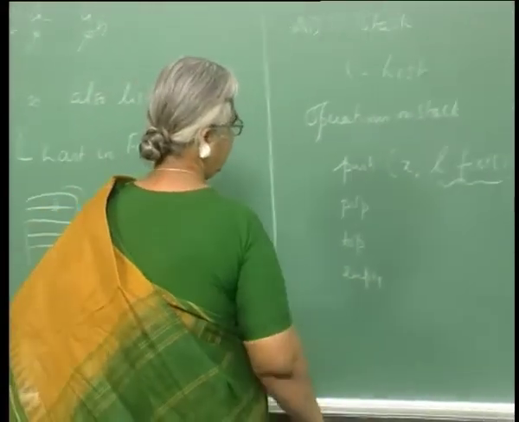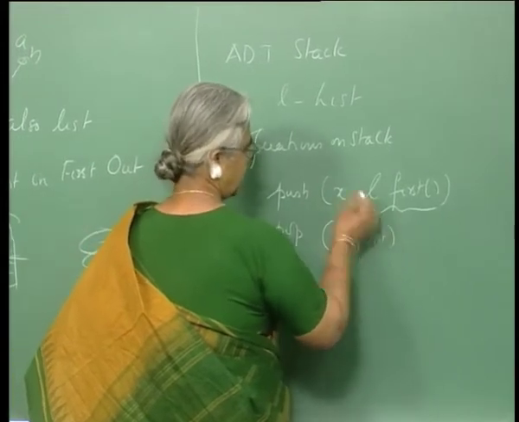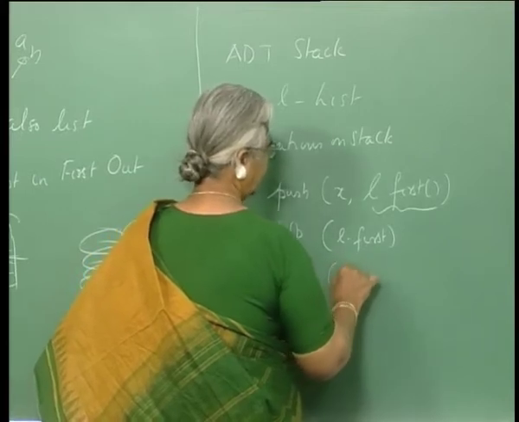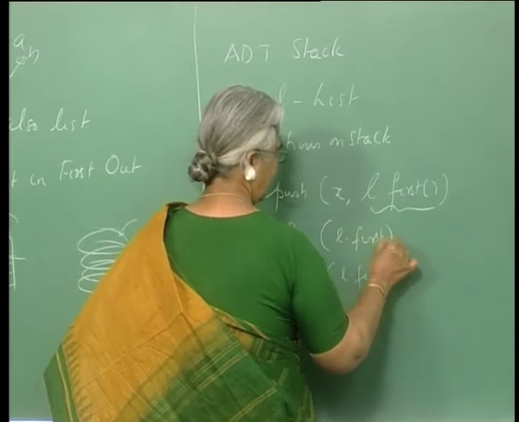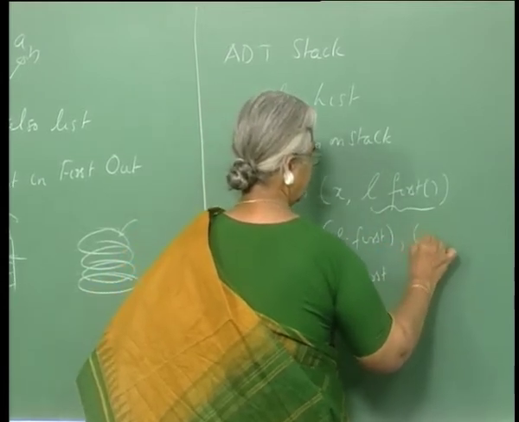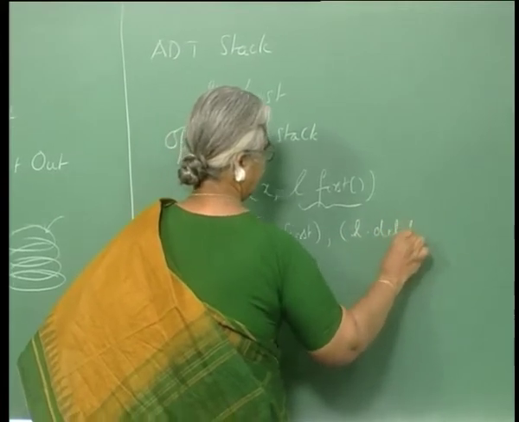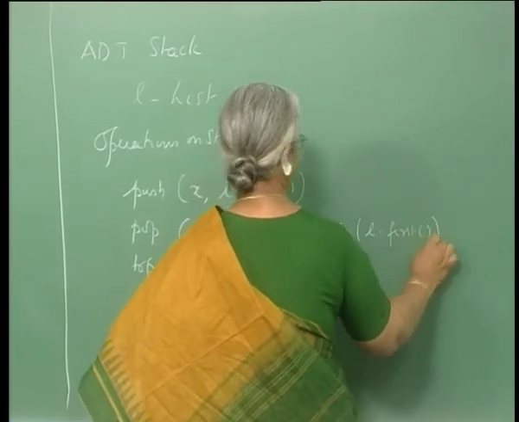Then I can pop L dot first, because this was the most recent element that was inserted. Okay. Top will also give me L dot first. Pop will be L dot first comma L dot delete L dot first. Okay.